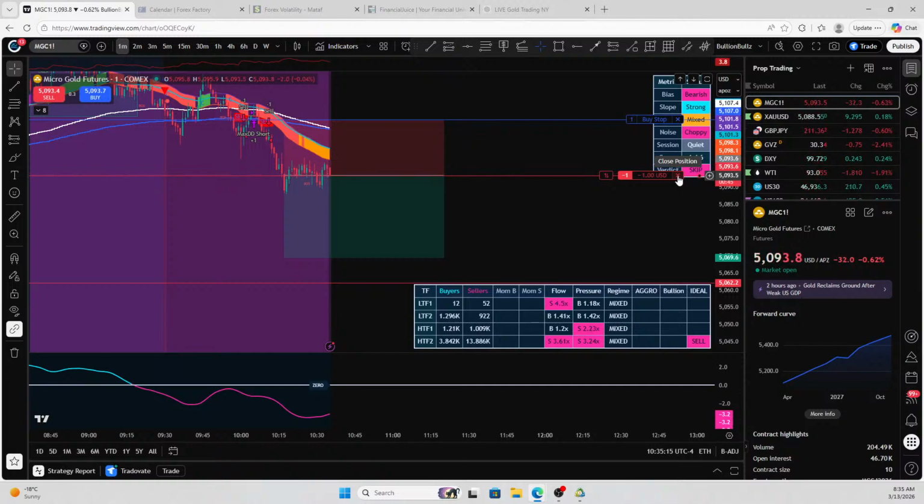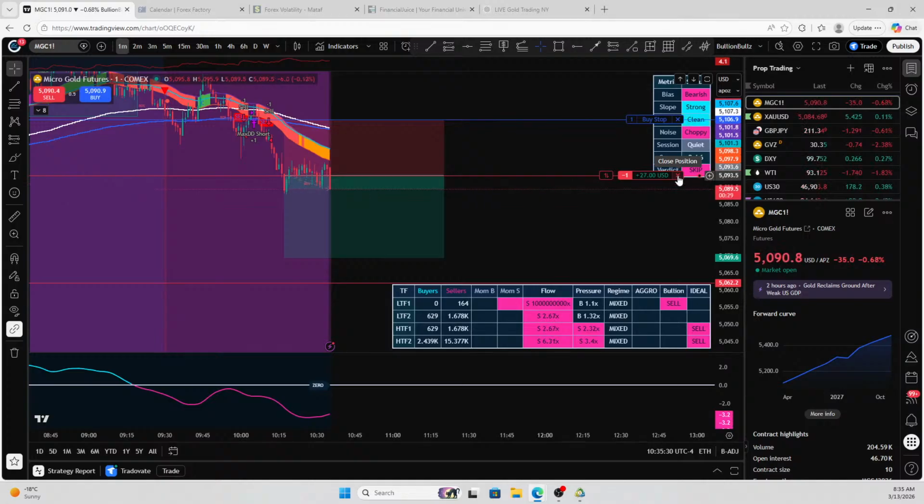The issue right now is that oil is going up, so the dollar is going up, because of which gold is coming down. Pressure is starting to go up again.